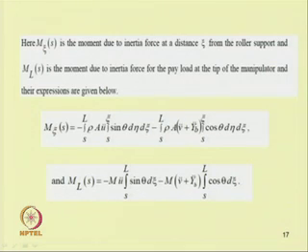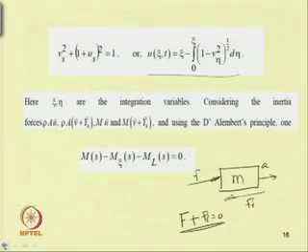This is due to the axial force, and due to the vertical force, similarly, it will be equal to integration s to L rho a (v double dot plus y b double dot) integration s to zeta cos theta d eta d zeta. So, one can easily find that.